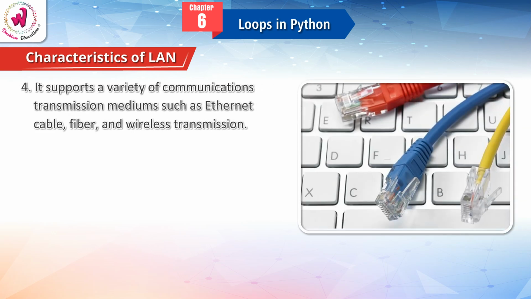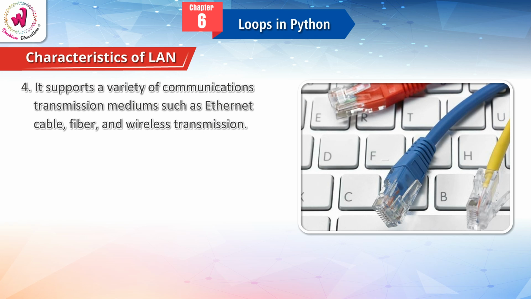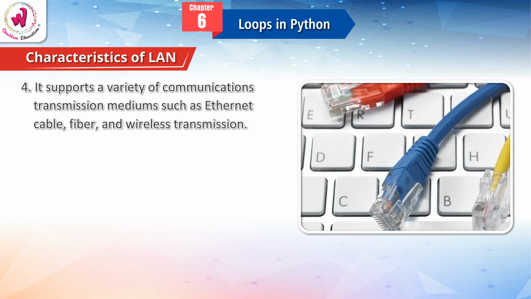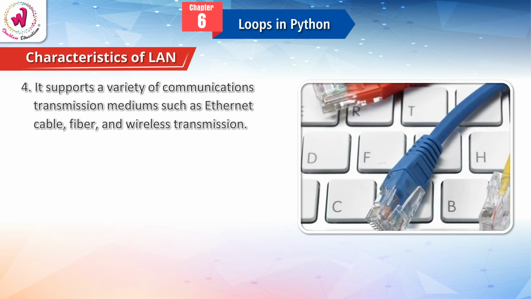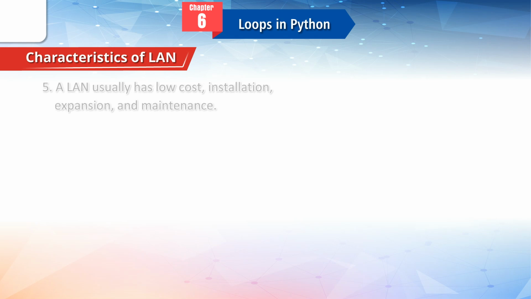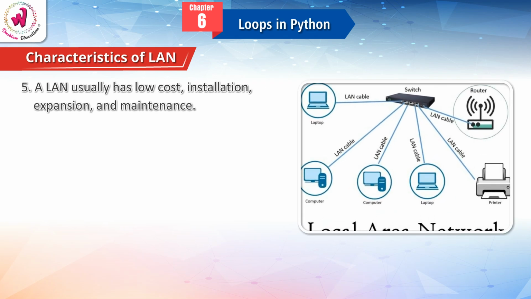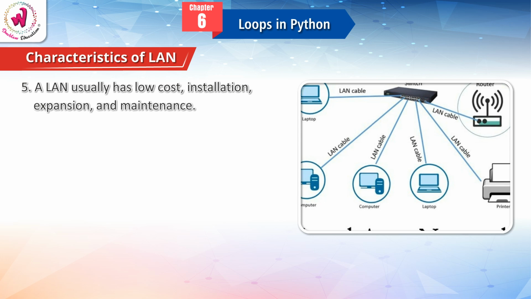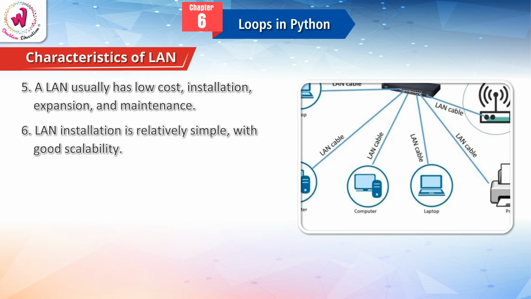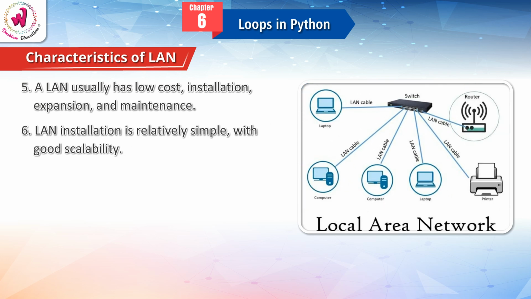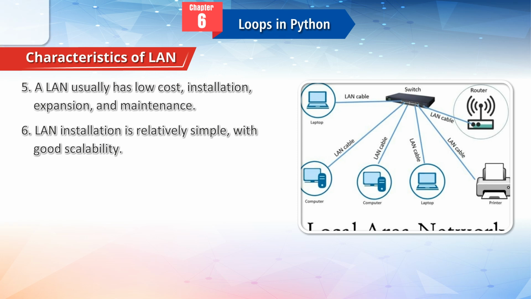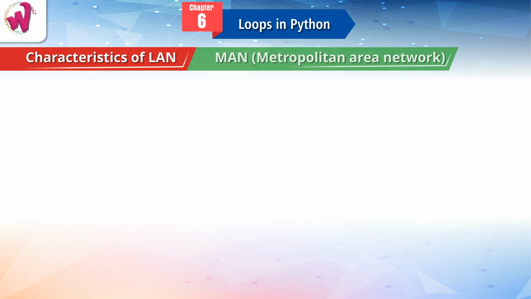It supports a variety of communications transmission mediums such as Ethernet cable, fiber, and wireless transmission. 5. A LAN usually has low cost of installation, expansion, and maintenance. 6. LAN installation is relatively simple with good scalability.